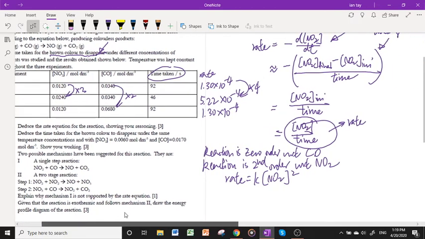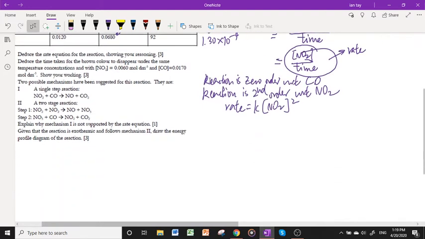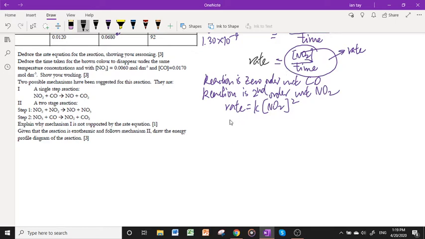Okay, so we know that since rate equals concentration of NO2 over time, the time taken equals the concentration of NO2 divided by the rate.